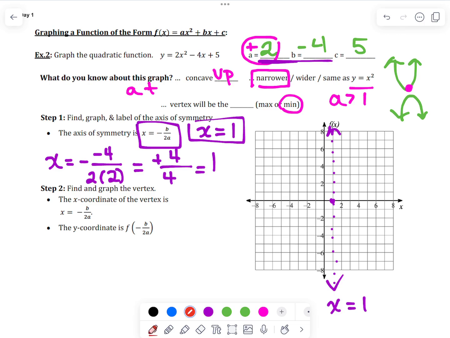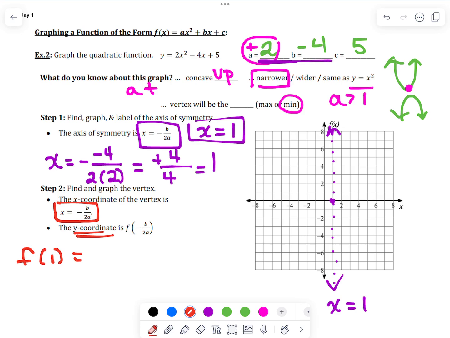The next thing is to find the vertex, which is going to be the minimum. The vertex x is always on the line of symmetry, and we need to find the y-coordinate. So we evaluate the function for f of 1.